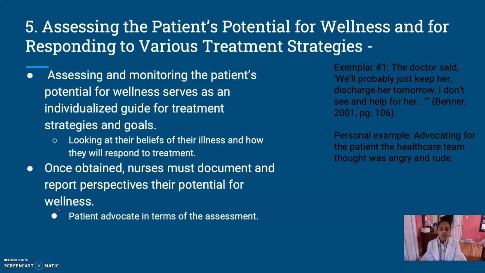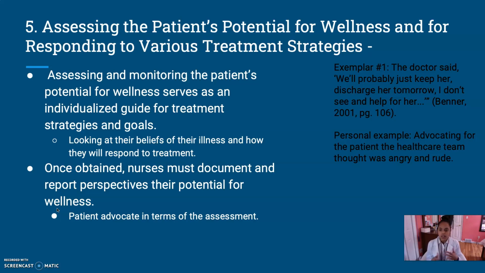Once it's obtained, nurses must document it, report their perspectives of the patient's potential for wellness, and advocate for the patient. To further explain, page 106 provided an example of a nurse in a psychiatric unit receiving discharge plans for a patient who just got to the unit.